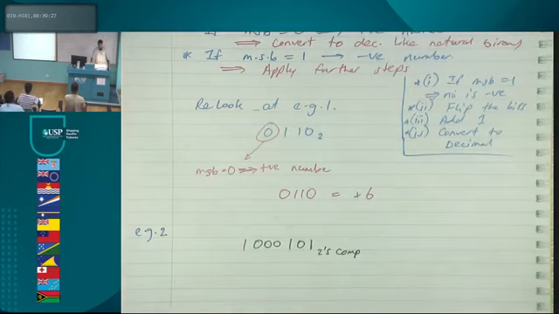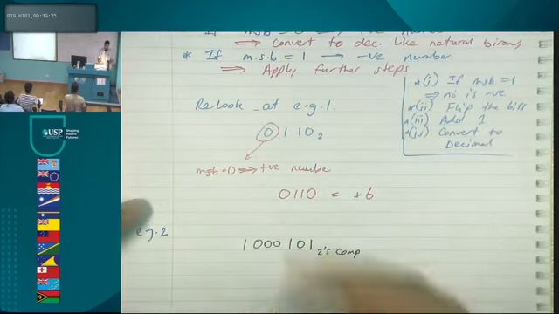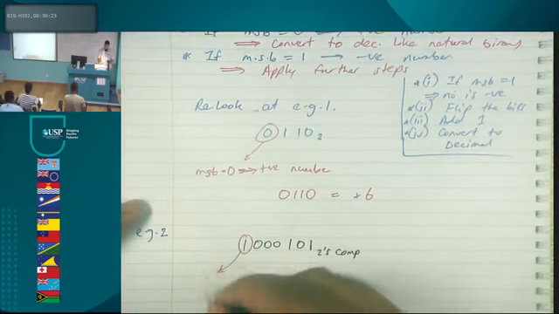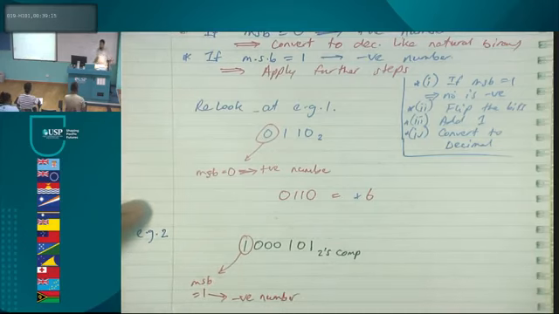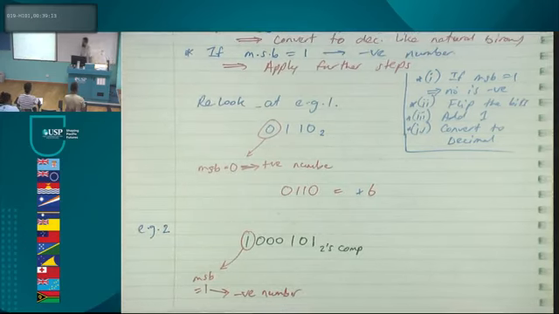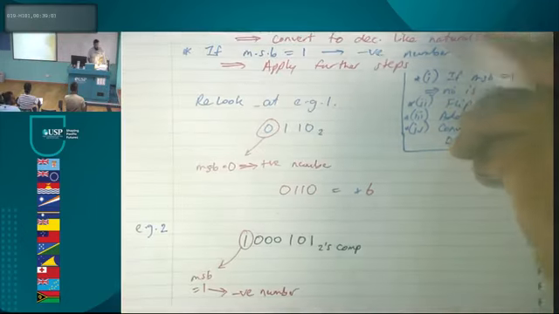The first thing we identify is that our MSB is equal to 1, which means that it's a negative number. In sign and magnitude, we would have only considered the remaining bits. But in this case, we are taking our 1 and then looking at the other bits.